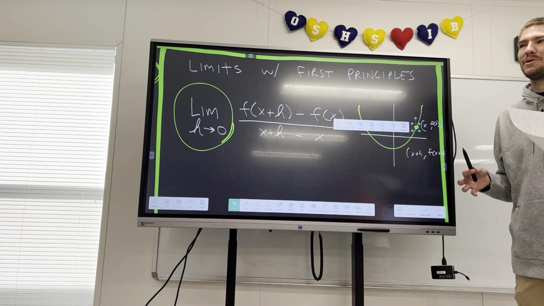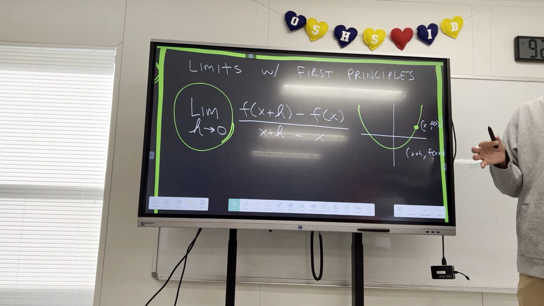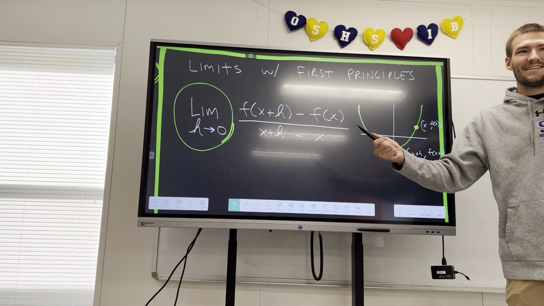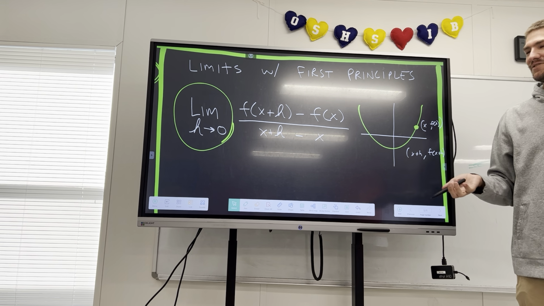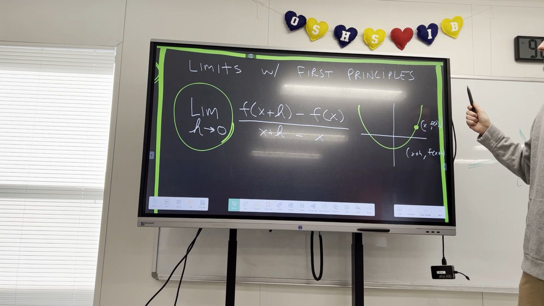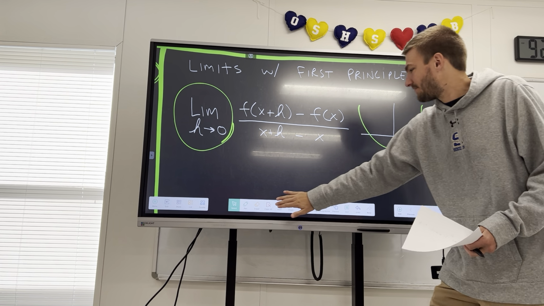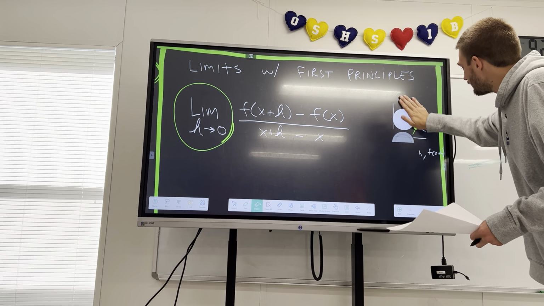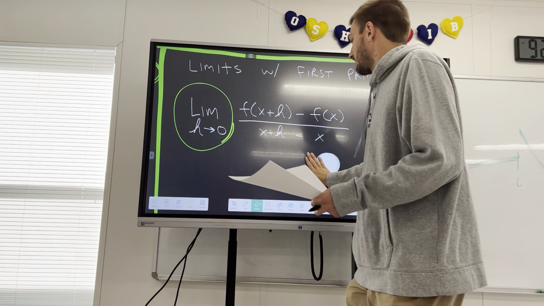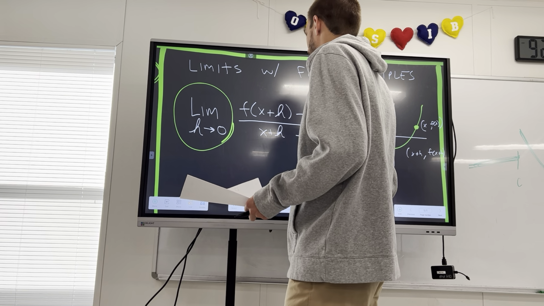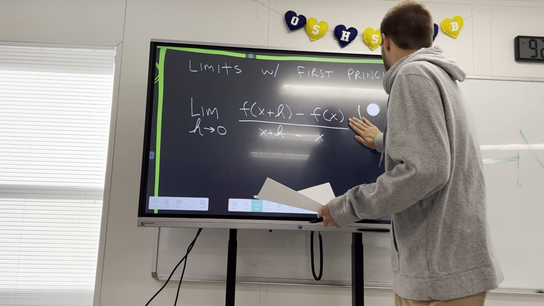But it's also kind of a weird process, because how can you do the slope between two points that are the same point? It's just going to give you 0. So, here's what we're going to do. Now we can.